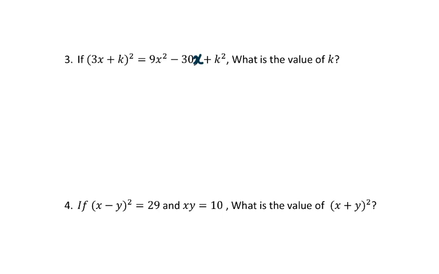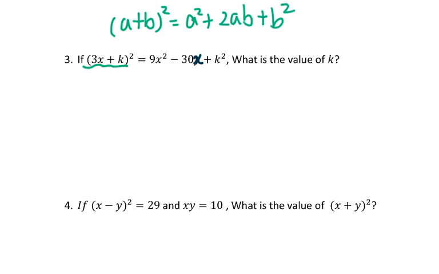For number 3, (3x plus k) squared equals 9x squared minus 30x plus k squared. What's the value of k? First of all, you need to expand (3x plus k) squared using (a plus b) squared equals a squared plus 2ab plus b squared.